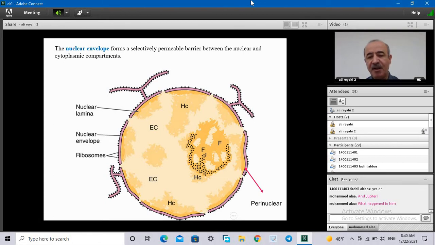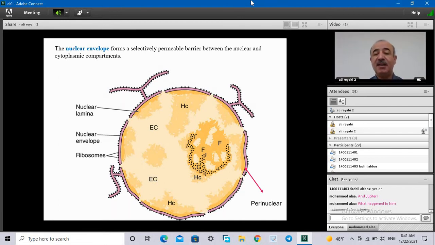The outer membrane of the nuclear envelope continues with the rough endoplasmic reticulum. So you can see the ribosomes are attached to the outer surface of the nuclear envelope. The nuclear envelope forms a selective permeable barrier and can regulate the transport of material.